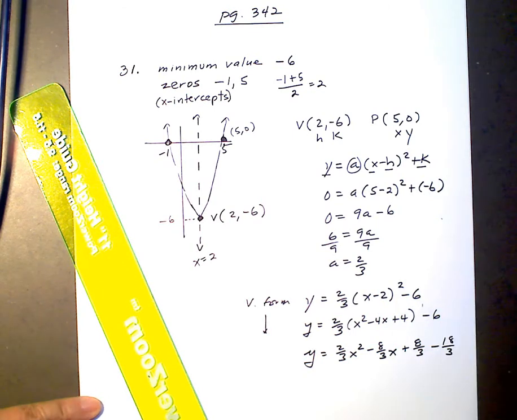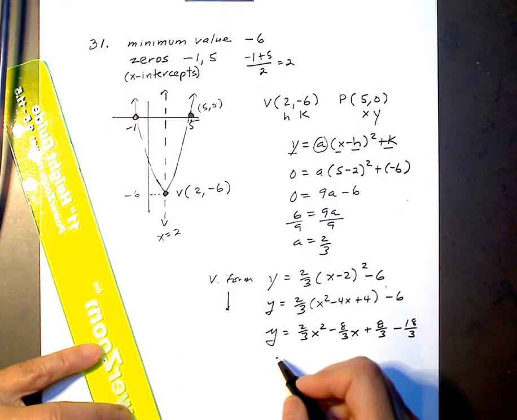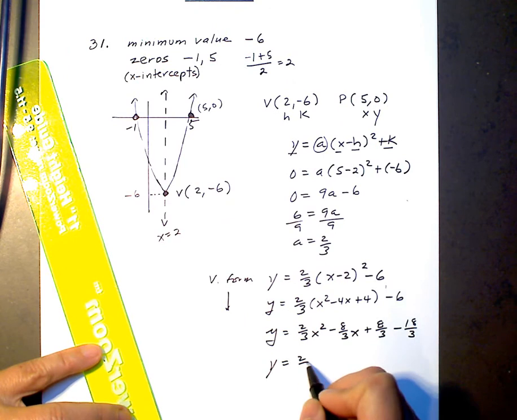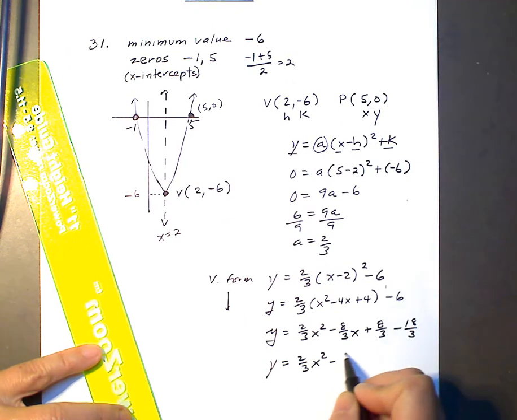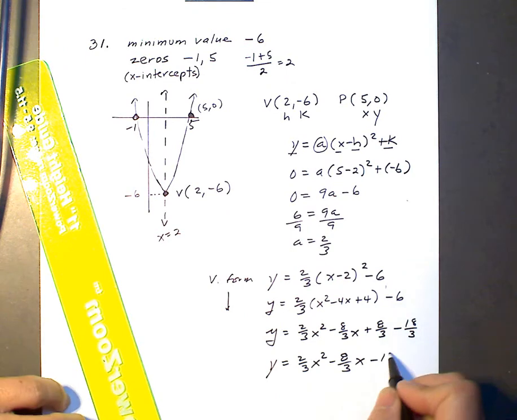So this particular problem does not ask for this equation to be in all integer coefficients, so we could leave it as 2/3 x squared minus 8/3 x minus 10/3.